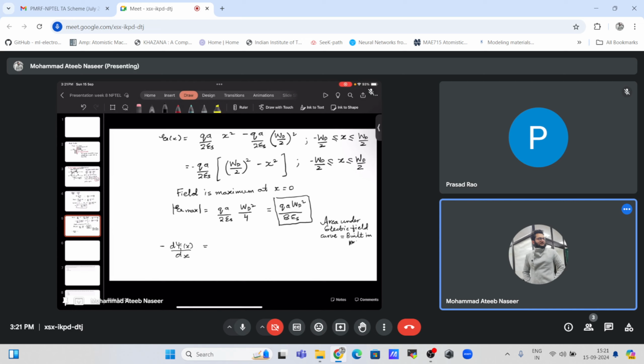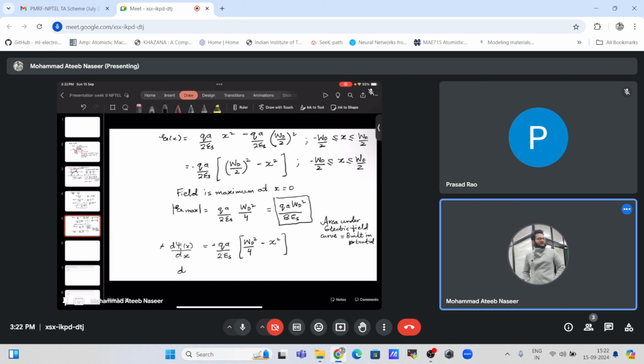So if I integrate this expression which was obtained by solving the Gauss law, and now we are going for the Poisson equation, qa by 2 epsilon s times Wd square by 4 minus x square, the minus and minus will go, and we will simply integrate this.